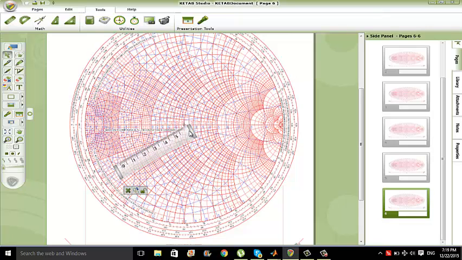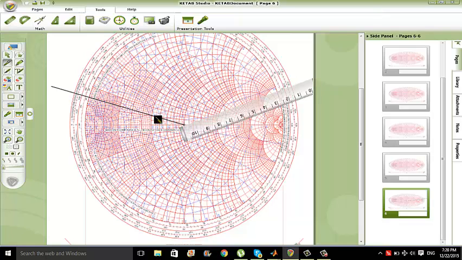From tools, we get the ruler and draw a line from the center to 155 degrees phase. Then we get a pen and draw the line. On this line, the center of the input constant gain circle will be located. We draw a line from the center to 20 degrees phase, and on this line the center of the output constant gain circle will be located. We get a pen and draw the line at 20 degrees phase.